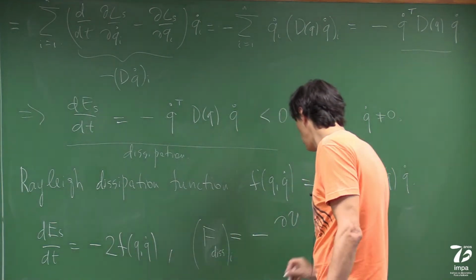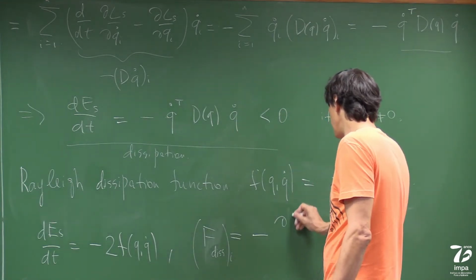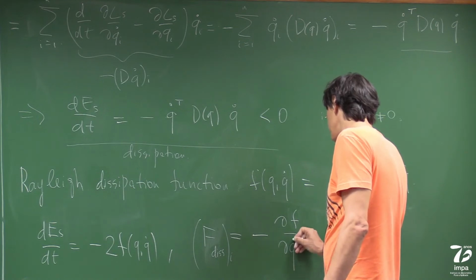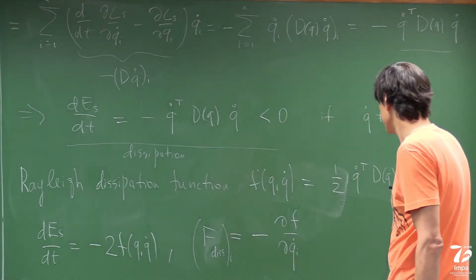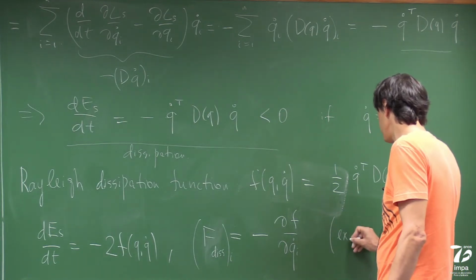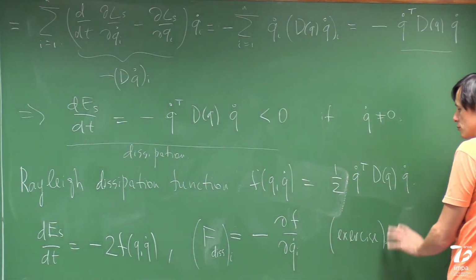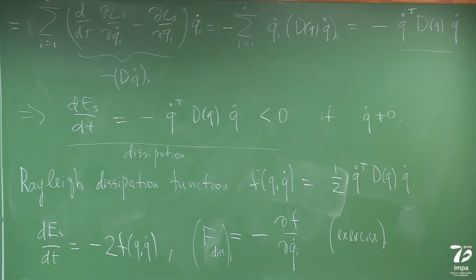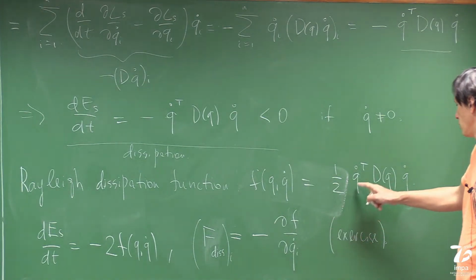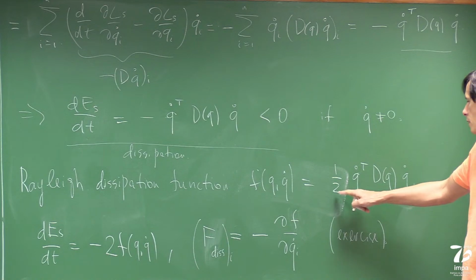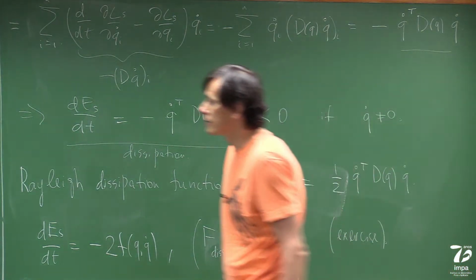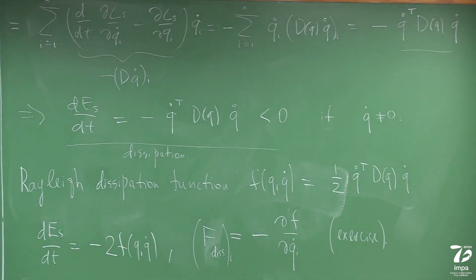Each component can be written as minus the derivative of the Rayleigh function with respect to the corresponding velocity. Just show that, it can be an exercise for you. We will do many of this kind in the next classes, so I keep it as an exercise. Whenever you differentiate this with respect to velocity, because velocity comes in both sides, the 1/2 will disappear, and then you will exactly get this minus D q dot.